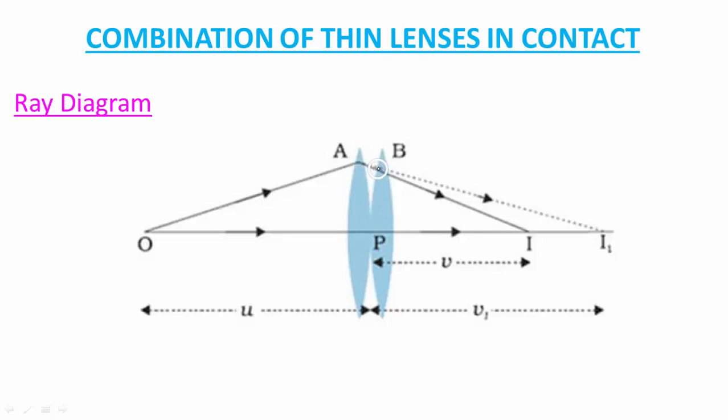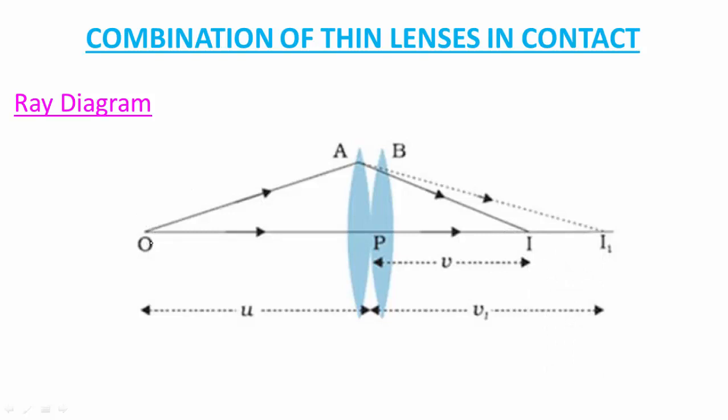So with two lenses in contact there are four spherical surfaces, so four refractions of light take place. After refraction, the refracted rays converge at the point I. This point I is called the real image of the object O.